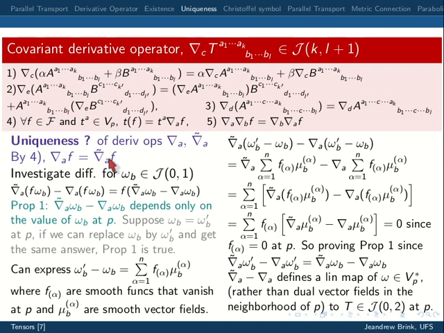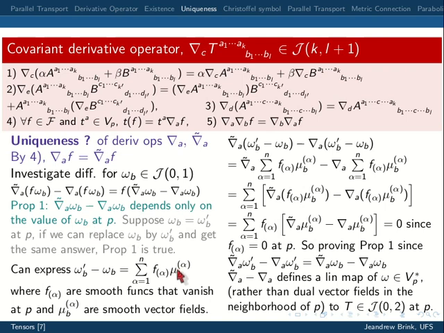And then we explored the action on a (0, 1) tensor of 2 different operators, and we showed that it depended only on the value of the (0, 1) tensor at a particular point. And as a result, it could actually be viewed as a linear map, which is a tensor itself.